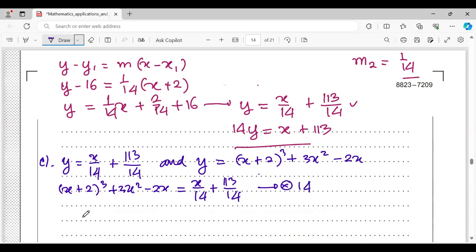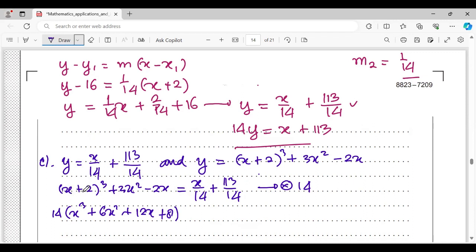Multiplied by 14, it's going to be 14 times, I will expand x plus 2 cubed. It becomes x cubed plus 6x squared plus 12x plus 8.